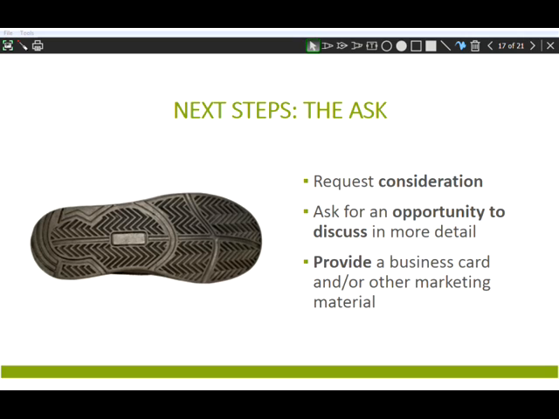This ask can be a little bit different depending on the type of pitch that you're doing. So if you're asking, say, for an opportunity to talk with someone about a job opportunity or an opportunity to talk with a potential customer, you may just want to ask for a short period of time. Maybe the ask will be small. So maybe you'll say, "I'd love to schedule maybe 20 minutes with you to talk a little bit more."